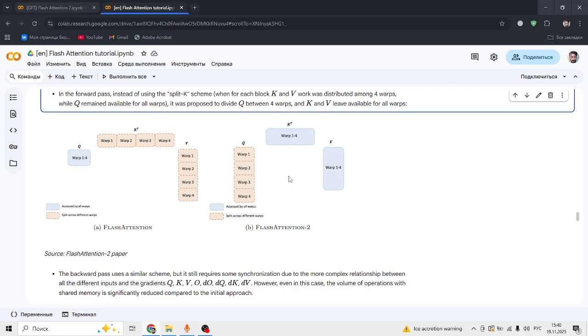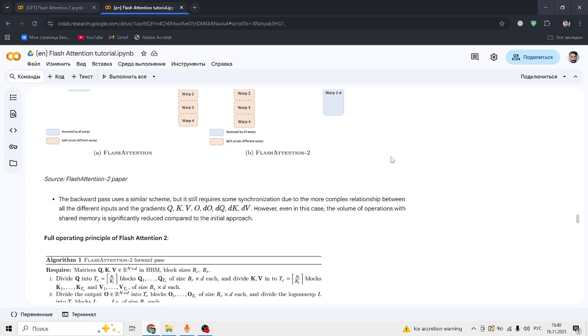So, as I said before, K and V will be executed in these warp blocks, and Q will be executed like this, as in FlashAttention 1. Okay.